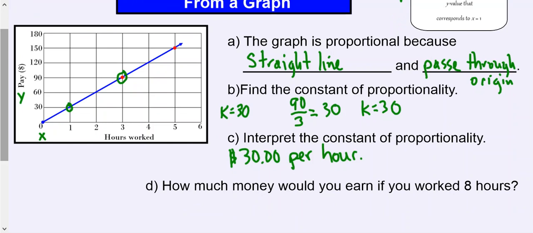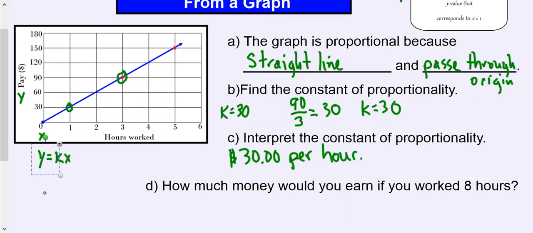Alright, and then D, it says, how much money would you earn if you worked 8 hours? Alright, so the first thing I'm going to do is write an equation, using the points in the graph. And remember, our equation needs to be written in the form y equals k times x. We just found the unit rate, or the constant of proportionality, which is $30 per hour.